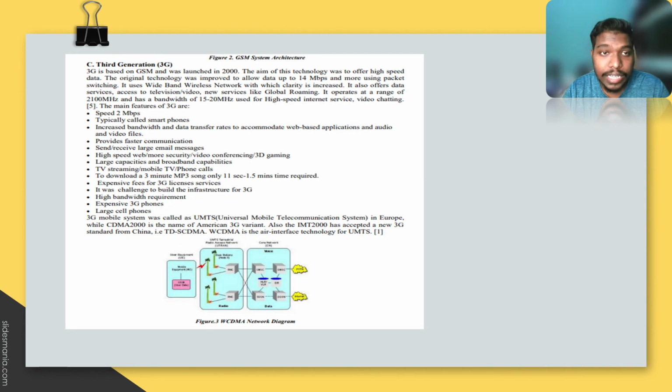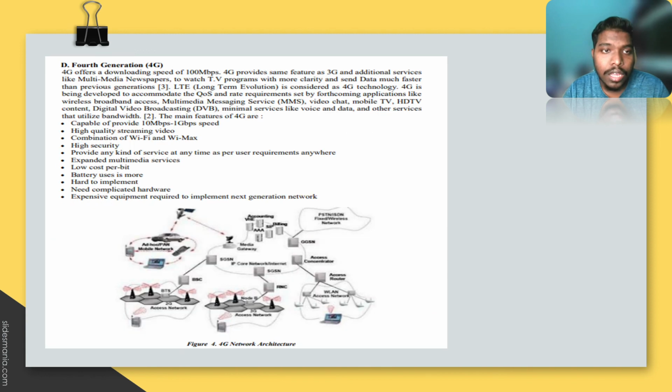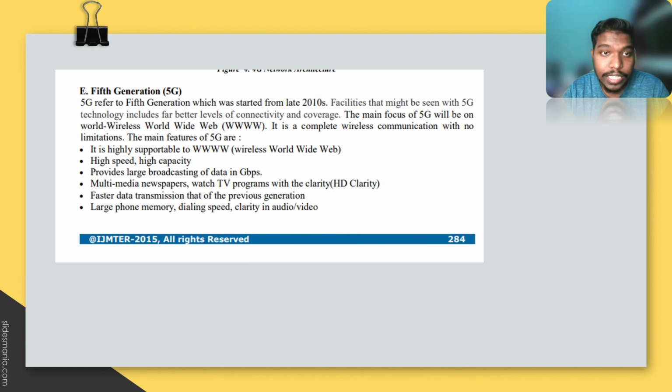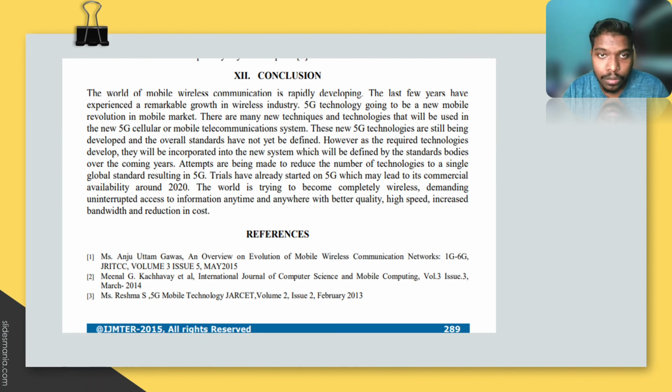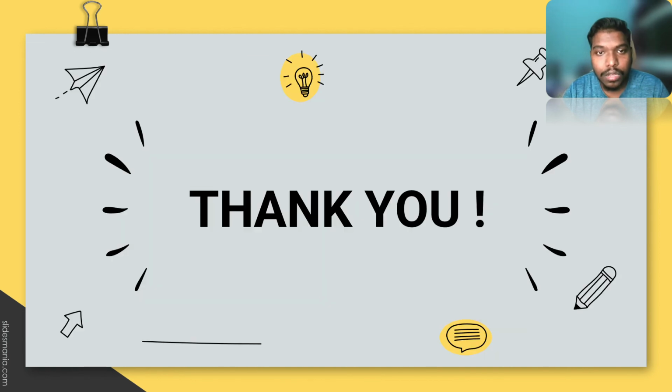This is the third generation, then the fourth generation 4G, and then the latest one, 5G, the fifth generation. This is the comparison of all generations of mobile technologies, 1G until 5G. This is the conclusion and the references. So thank you, that's it from us.